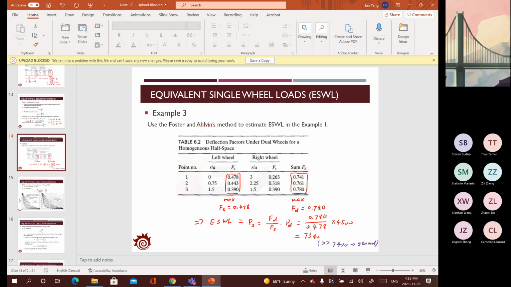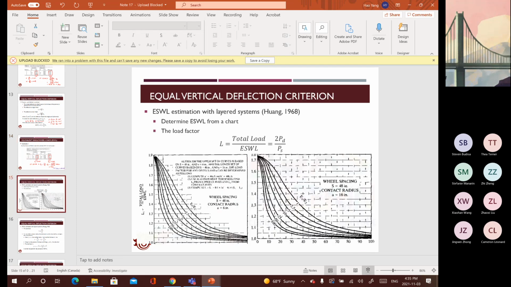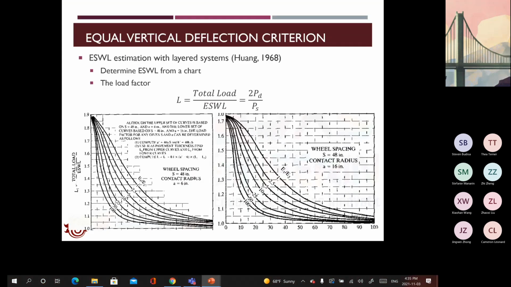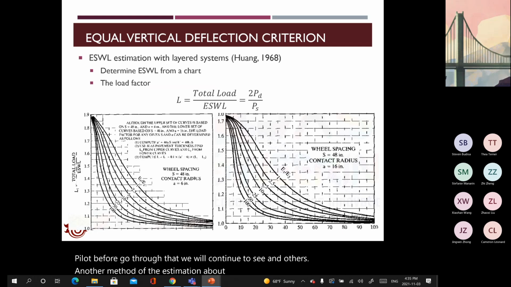This would be the estimation of the equivalent single wheel load through the equal vertical stress or deflection criterion. We also have some other criteria, but before I go to that, we will continue to see another method of estimating the ESWL with the equal vertical deflection criterion.